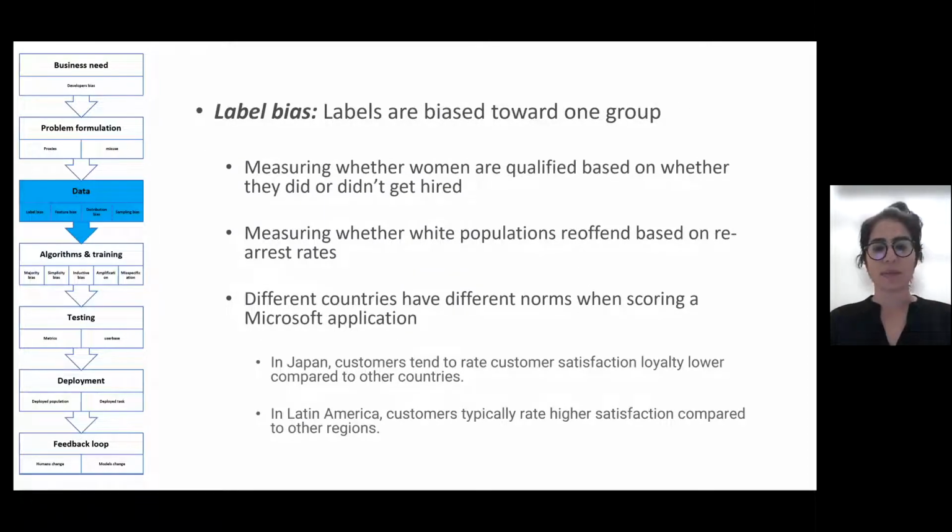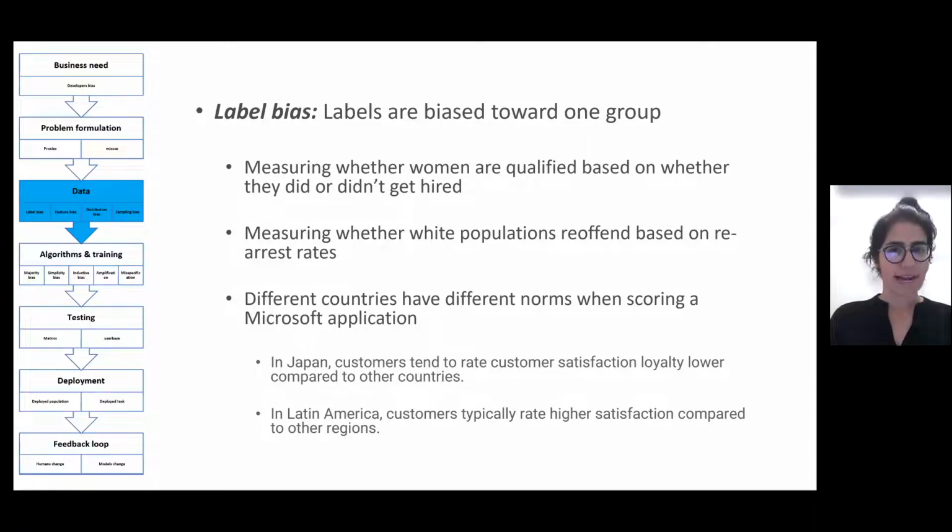First, let's look at label bias. Label bias happens when labels are biased toward one group. As an example, let's say you want to have a model that predicts if a person should get hired or not. And you are going to look at the historical data.